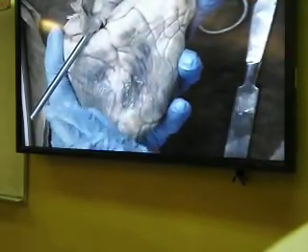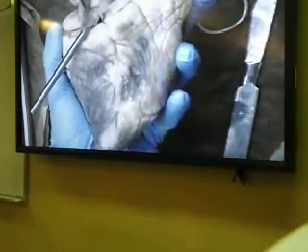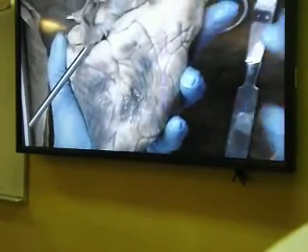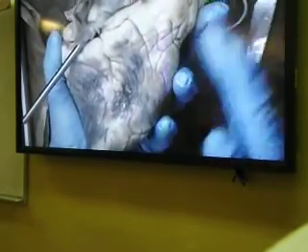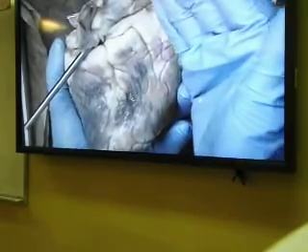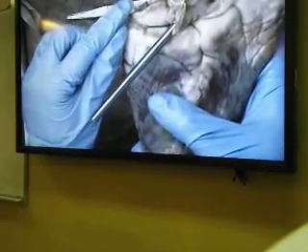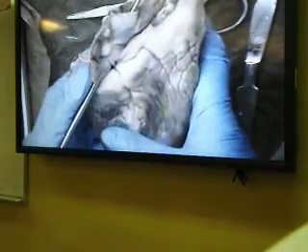At the very beginning, we will not just take a scalpel and cut the heart whichever way we want. We will cut the heart in such a way that we open the right side of the heart first and see the tricuspid valve between right atrium and right ventricle, and then we cut the left side of the heart and see the bicuspid valve between left atrium and left ventricle.